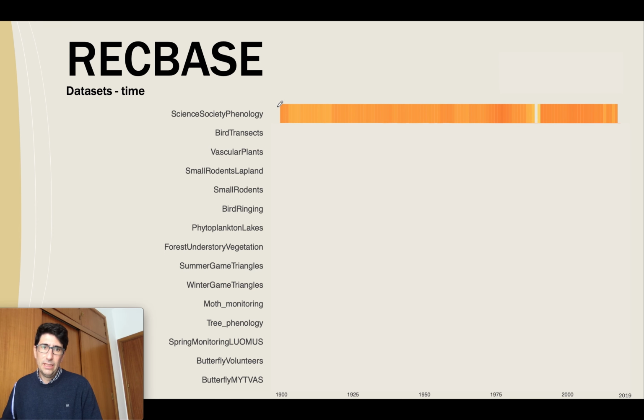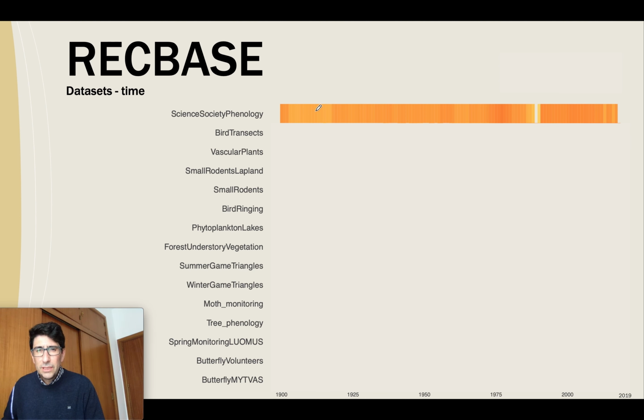Look at this. Science, society, phenology started at the beginning of the 20th century, but no, this is wrong. Actually, this is the longest time series, and this started in 1750. This is the longest, and I didn't put it because otherwise you would see the rest very small. So this is kind of special. This is the longest by far.